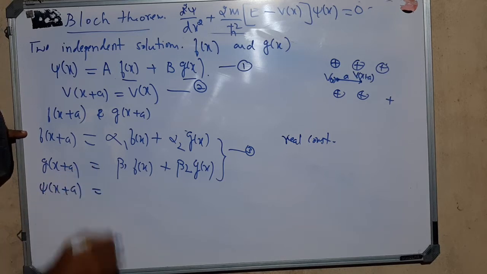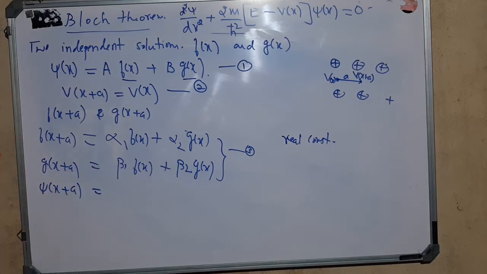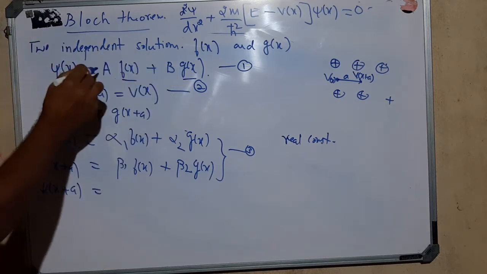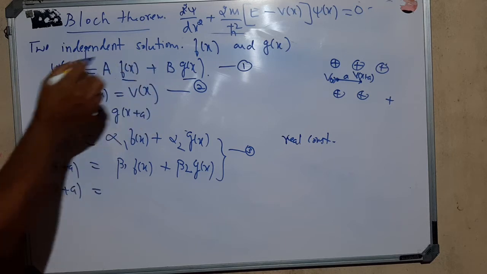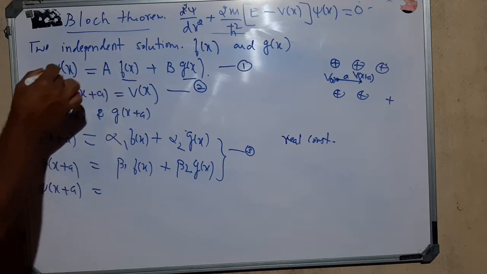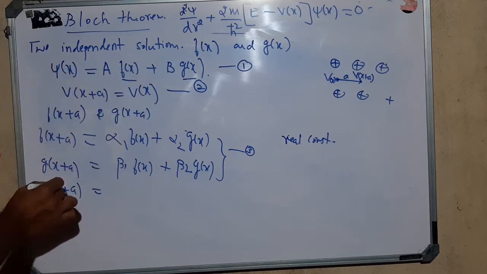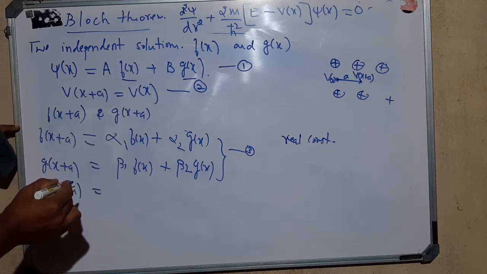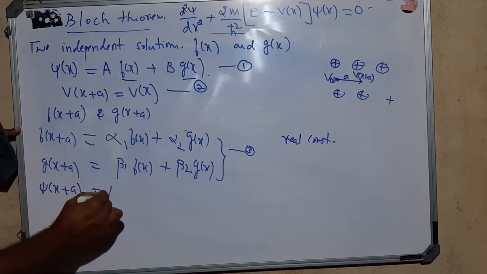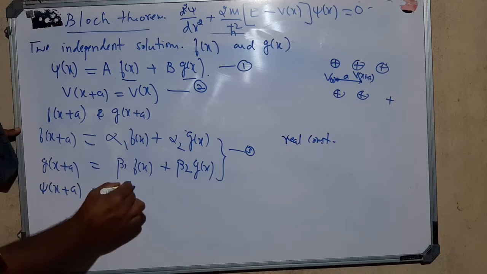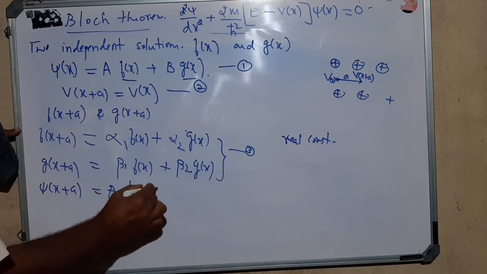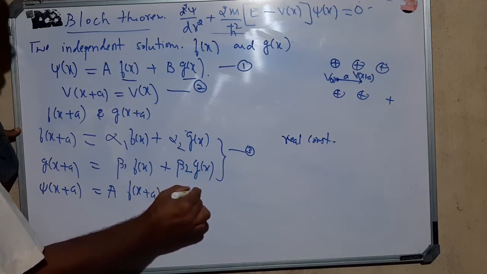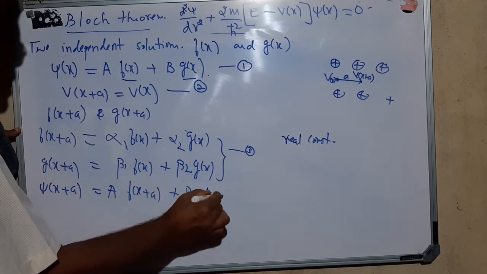Using equation 1, xi of x is a into f of x plus b into g of x. Here, x is replaced by x plus a. Wherever x is present, replace it with x plus a: a into f of x plus a plus b into g of x plus a.